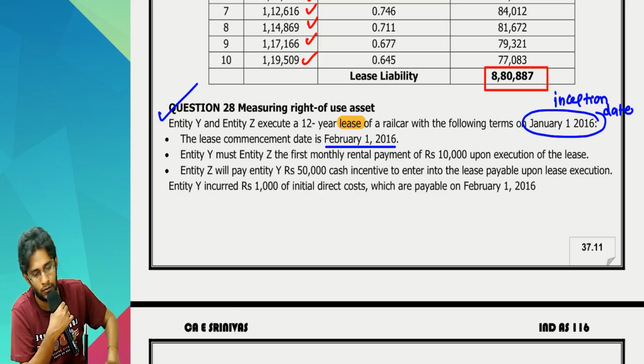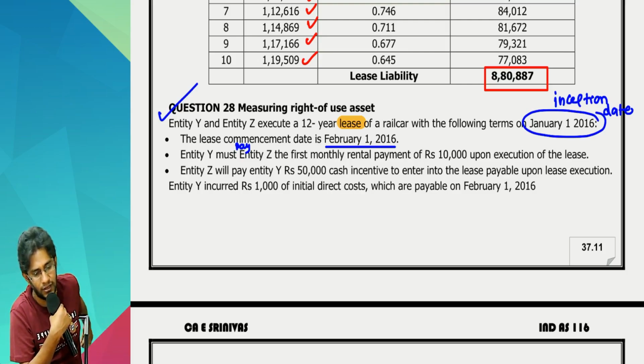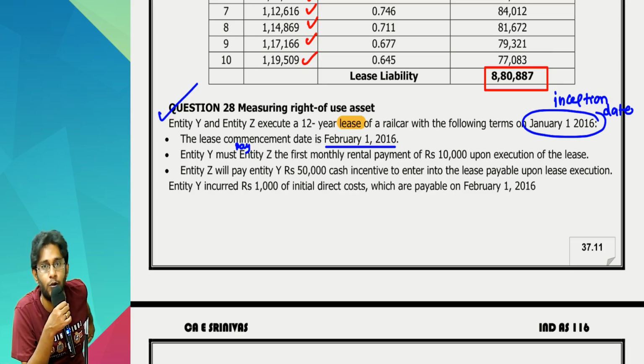Entity Y must pay entity Z, the word pay is missing, please add that, the first monthly rental payment of 10,000 rupees upon execution of the lease. Execution is again the inception day, you paid off 10,000 rupees.